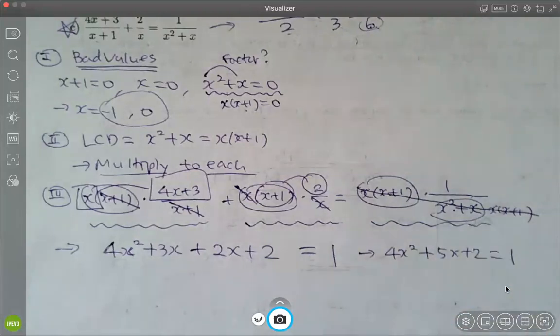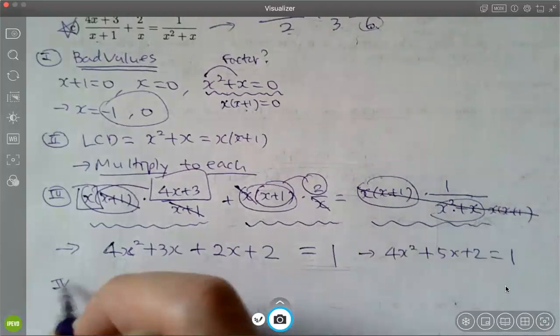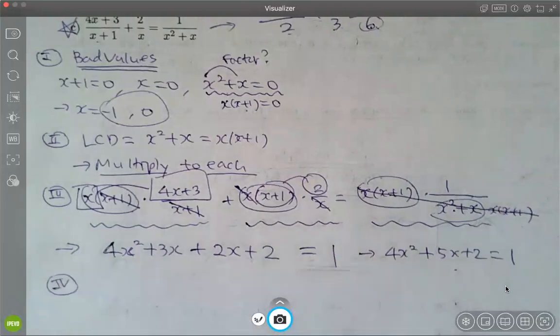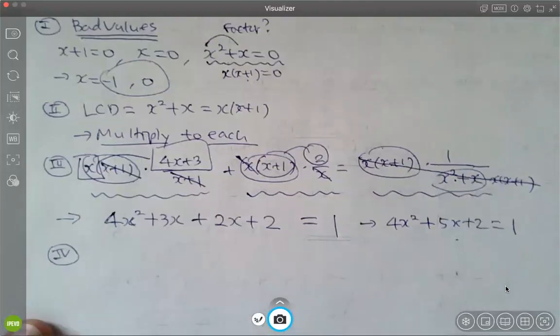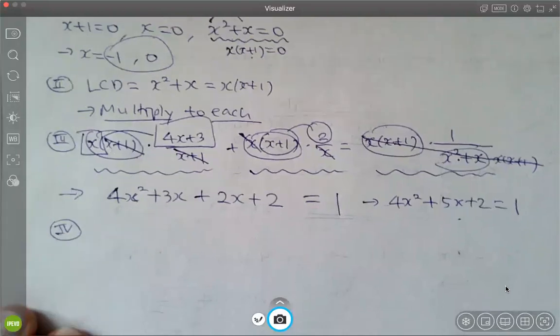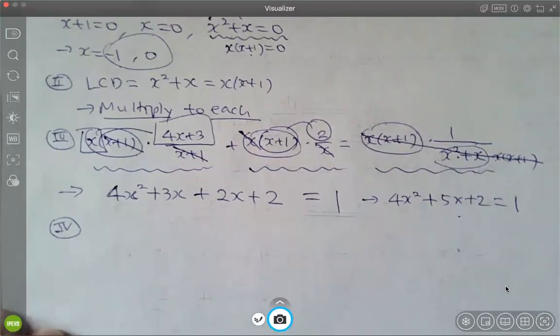And now, how do you solve this? Combine like terms, which we did. And then you have to subtract the 1.